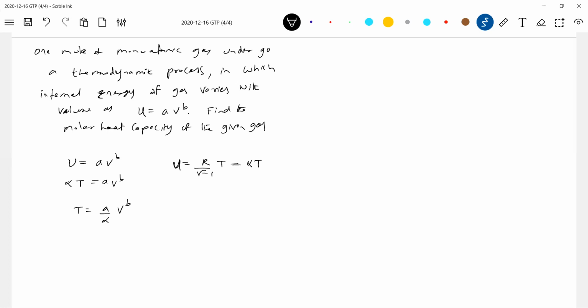I'll be needing the dV in this, so let me differentiate this. dT equal to A by alpha B V to the power of B minus 1 dV. There's the value of dV. Let's go for the work done by the gas, P dV, from 0 to delta T. P should be equal to nRT or RT by V. So dV is equal to dT by alpha AB V to the power of B minus 1.